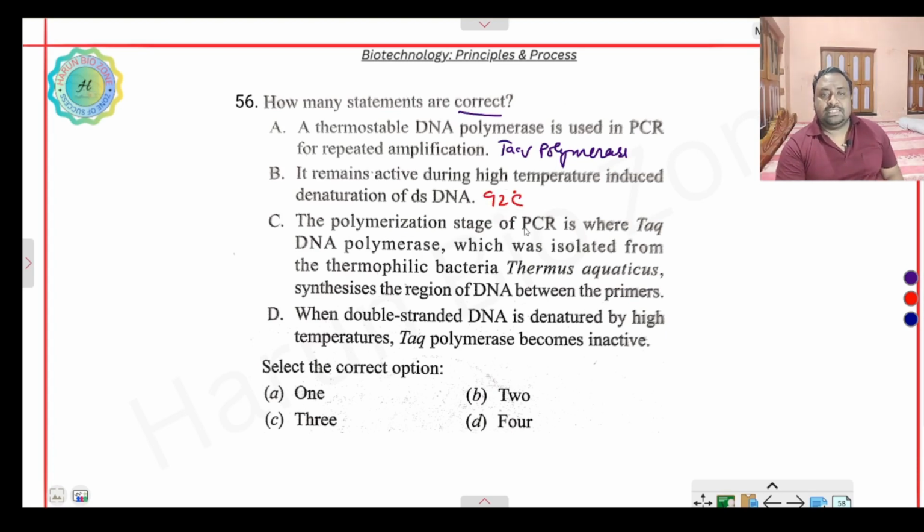The polymerization stage of PCR is where Taq DNA polymerase, which was isolated from the thermophilic bacterium Thermus aquaticus, synthesizes the region of DNA between the primers. When double-stranded DNA is denatured by high temperature, Taq polymerase becomes inactive. This is false.